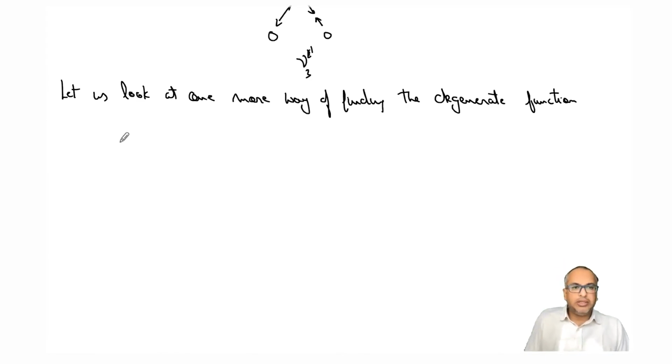So now let's say nu3 E prime can be written as a linear combination of nu2 E prime and some alpha times p, which we have obtained earlier, right?